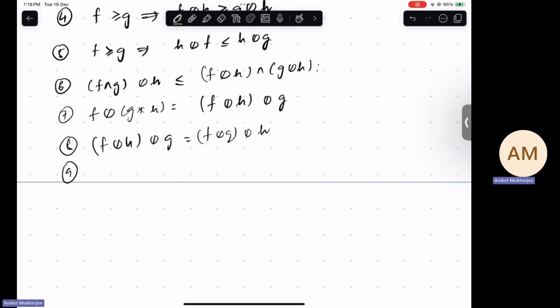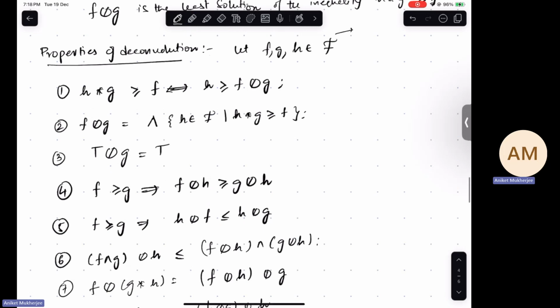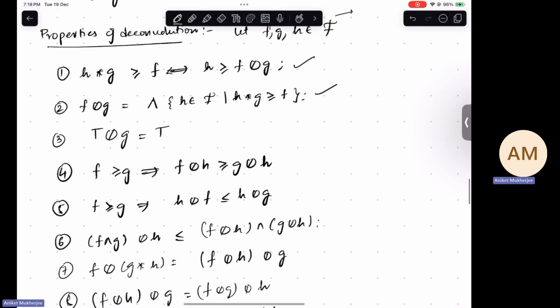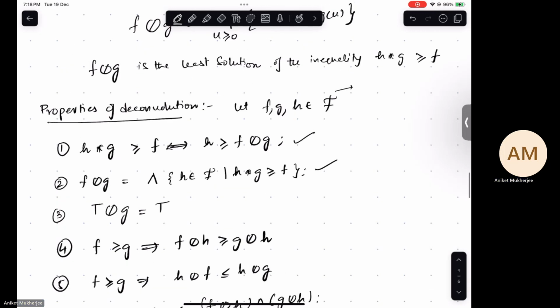The ninth one is F convolution G deconvolution H is less than or equal to F convolution G deconvolution H, right?